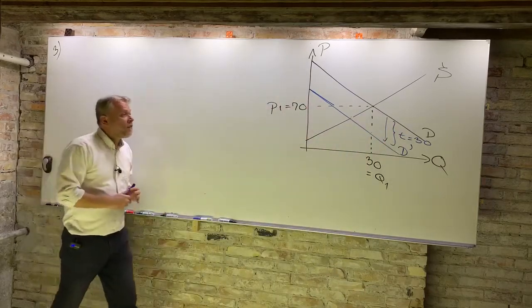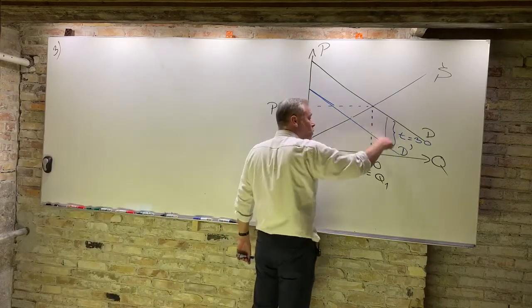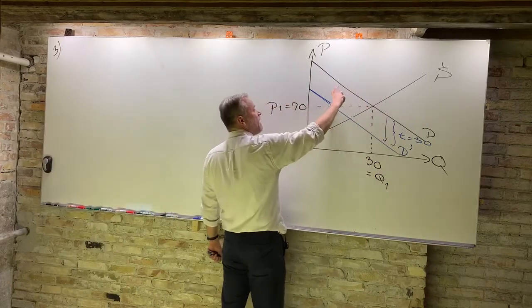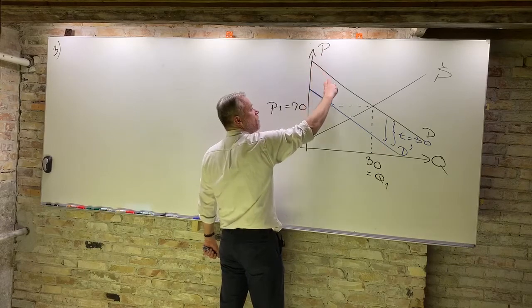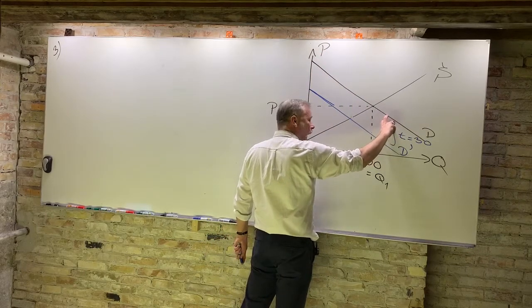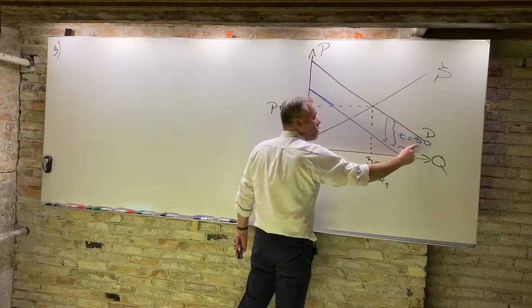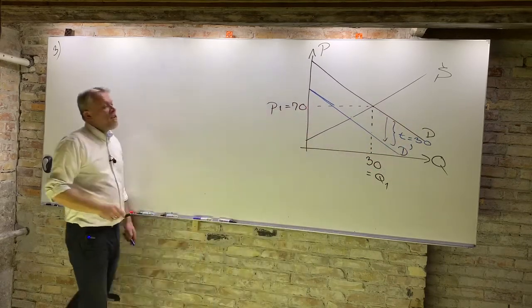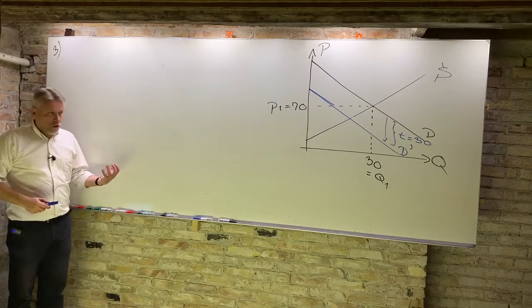It's a much better idea to think that it shifts downwards, because that can readily be seen as consumers now wanting to pay less for the goods. And we can also say exactly how much less they want to pay. They want to pay the tax less. That means it shifts down by 30.